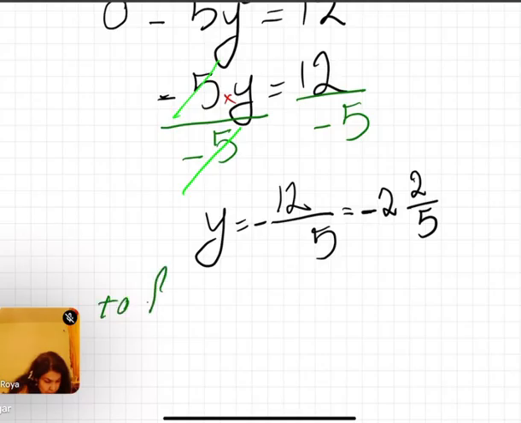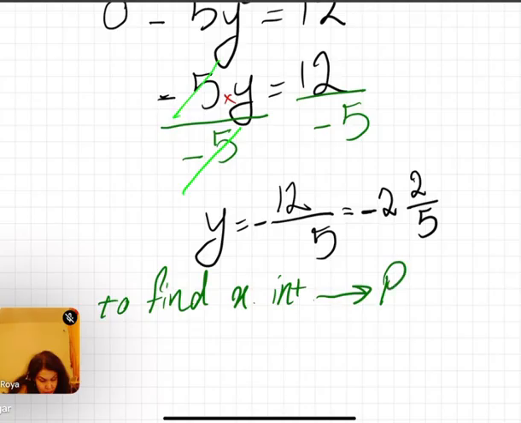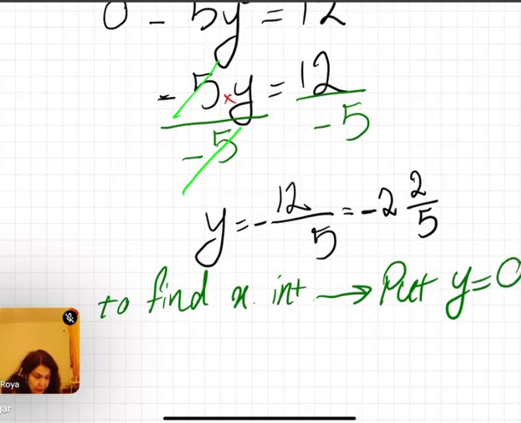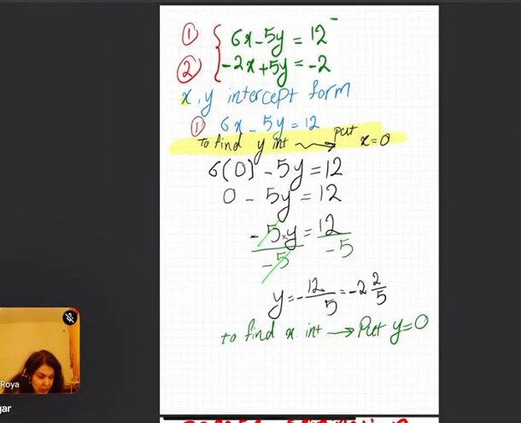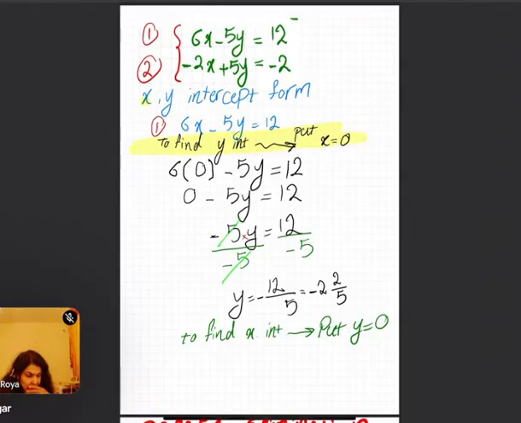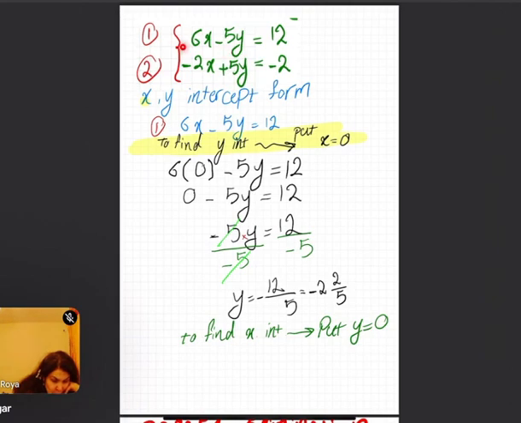To find the x-intercept, we need to put y equal to 0. So the equation, still in equation number 1, is 6x minus 5y equal to 12.